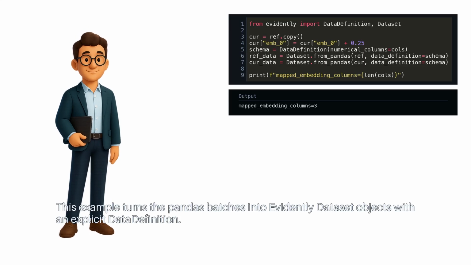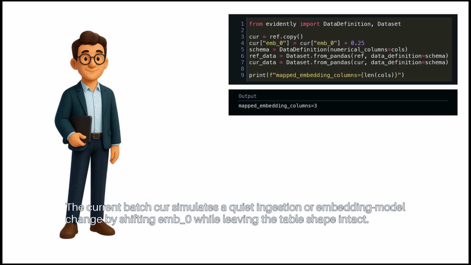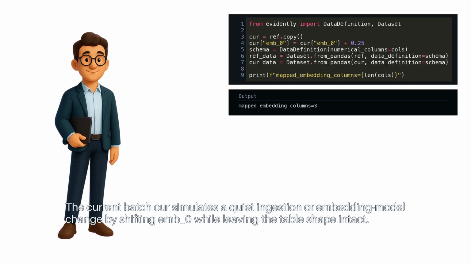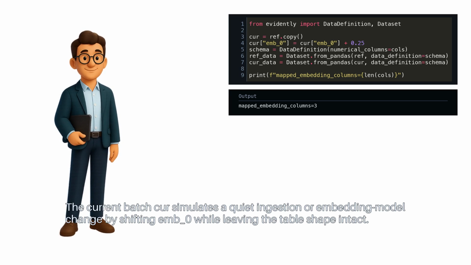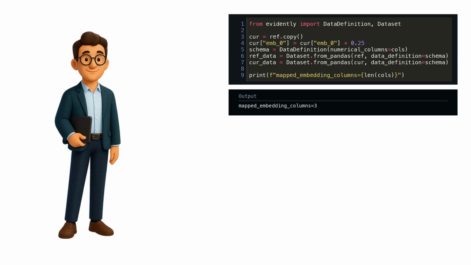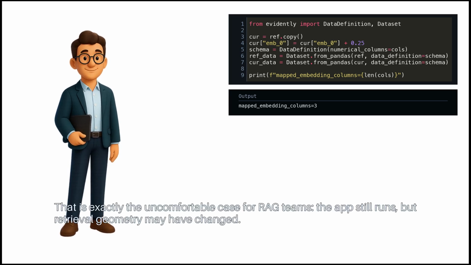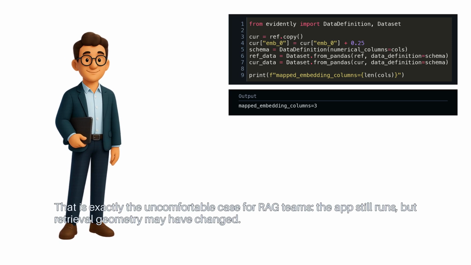This example turns the pandas batches into Evidently dataset objects with an explicit data definition. The current batch cur simulates a quiet ingestion or embedding model change by shifting MB0 while leaving the table shape intact. That is exactly the uncomfortable case for RAG teams. The app still runs, but retrieval geometry may have changed.